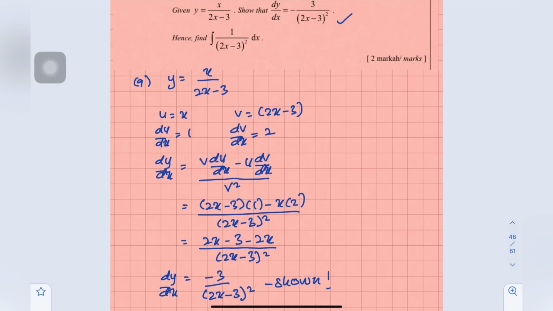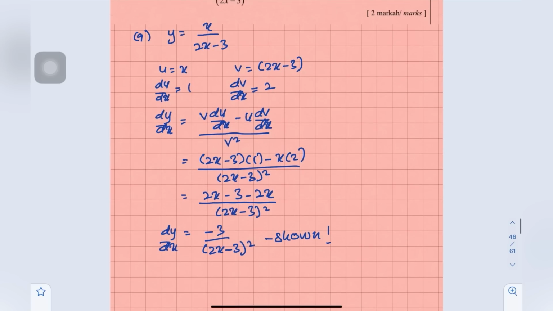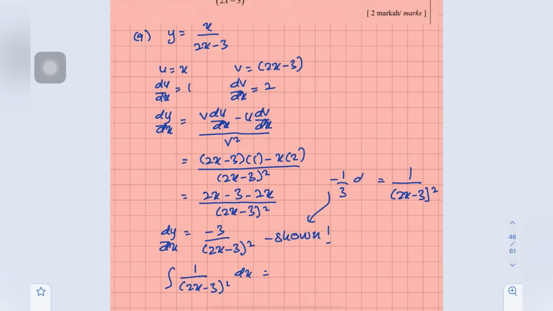Hence, find the integration of 1 over (2x minus 3) squared. Okay, so we want to find the integral of 1 over (2x minus 3) squared dx. Actually from here, we can make 1 over (2x minus 3) squared equal to negative 1 over 3 dy/dx.